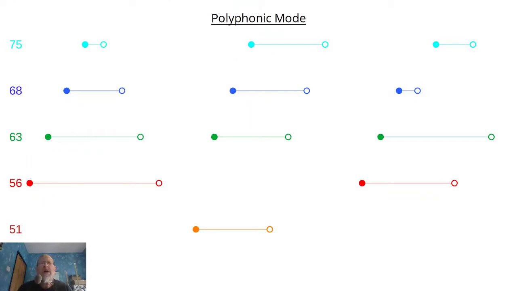Okay, so I've set up a series of notes to demonstrate how each of the monophonic modes works, and here they are. The horizontal axis is time, and each one's color coded, and the number at the left is the MIDI note for each note, but this is not important for the purposes of this demonstration.